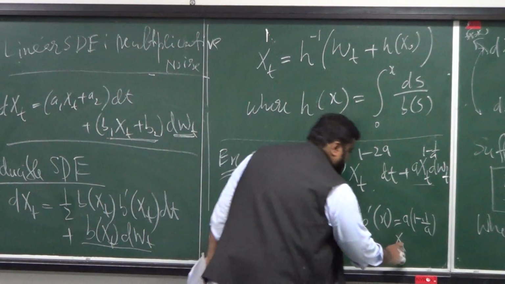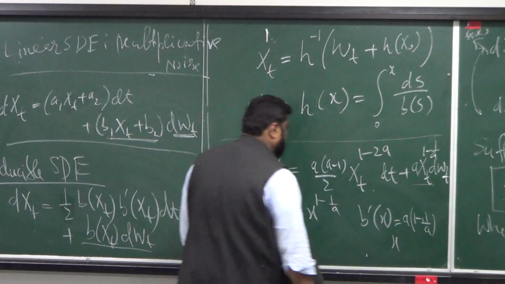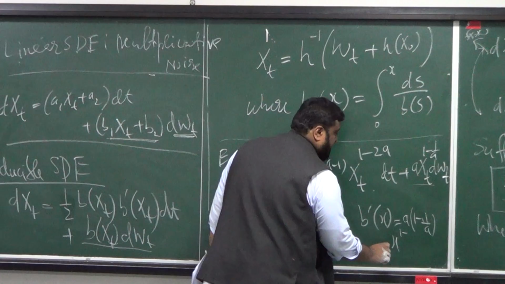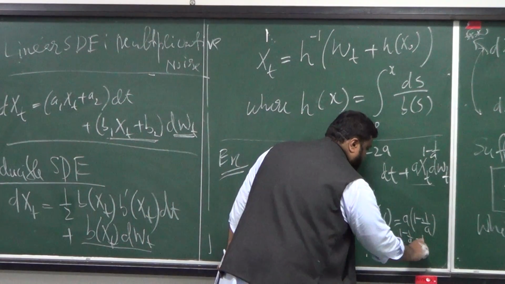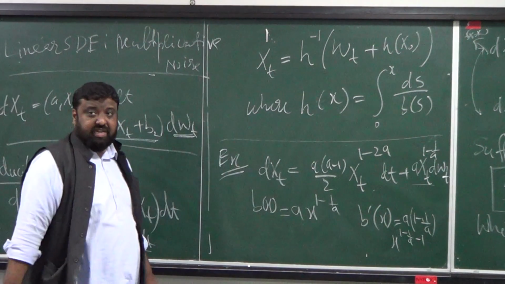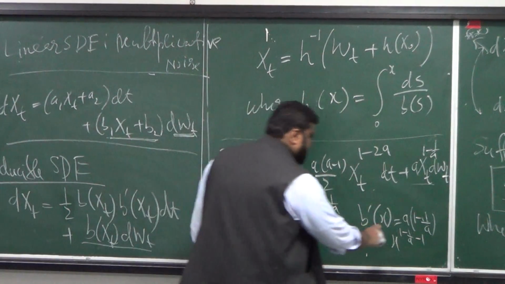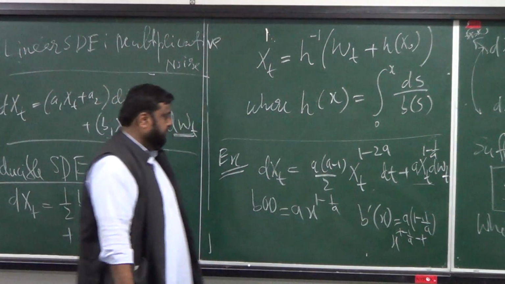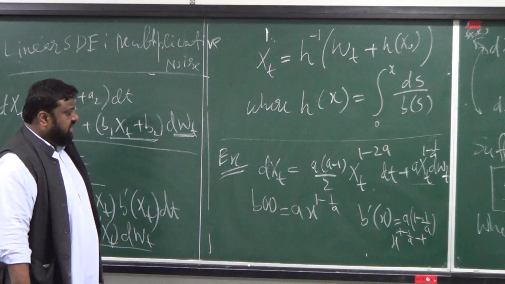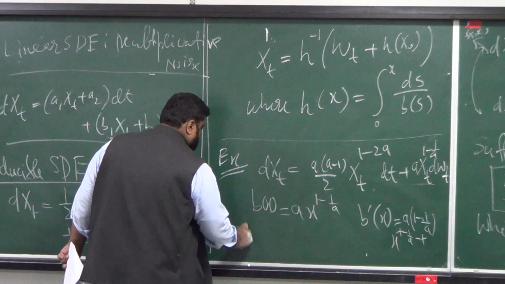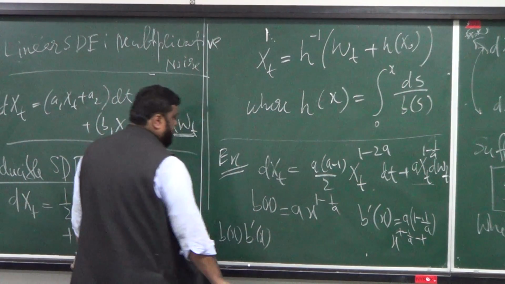And now if you multiply b of x and b prime of x, what are you going to get?